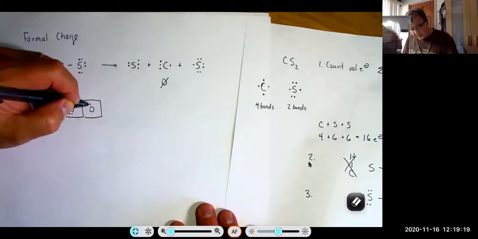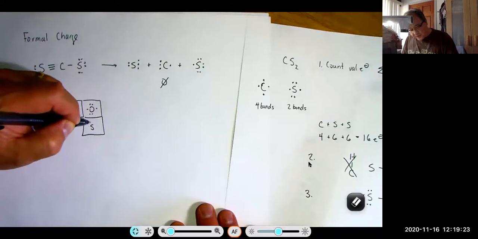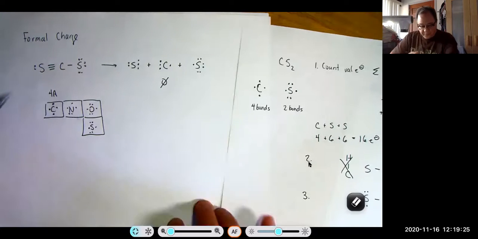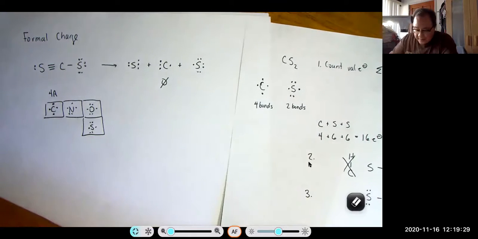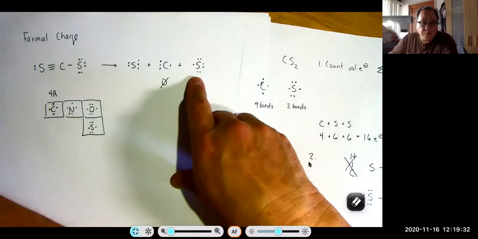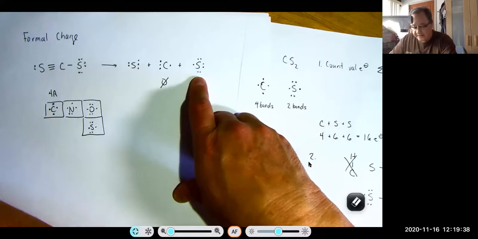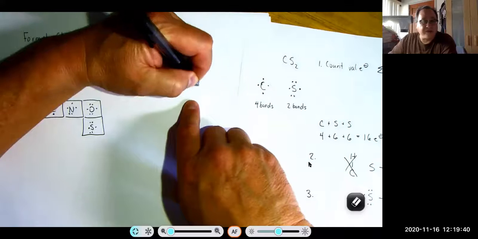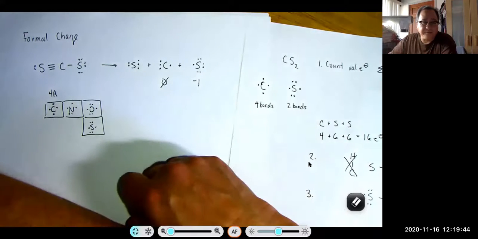Oxygen is here with 6 valence electrons, and sulfur is here with 6 valence electrons. So a neutral sulfur atom has 6 valence electrons. This one has 7. What's going to happen to the charge on a neutral atom if you gain an electron? It will have a negative charge. So the formal charge on this sulfur is -1.